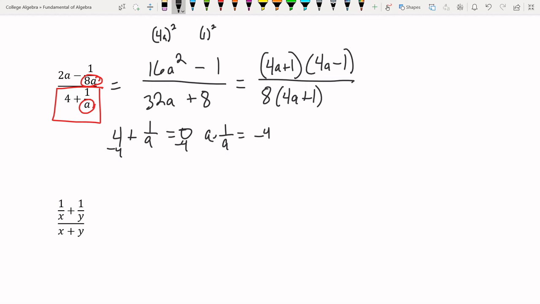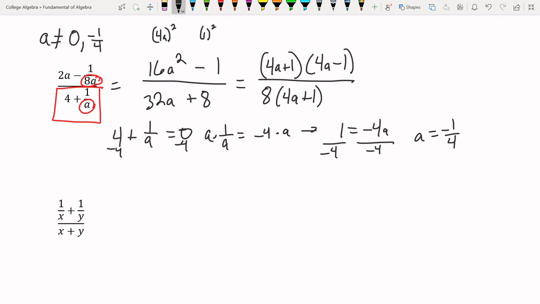I'm going to multiply by a, and we get 1 equals negative 4a. Divide by negative 4, and you see we have a equal to negative 1/4. So we know that a cannot equal 0 or negative 1/4.